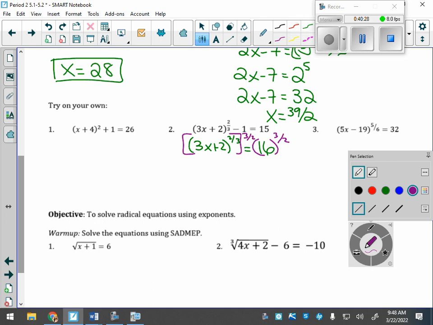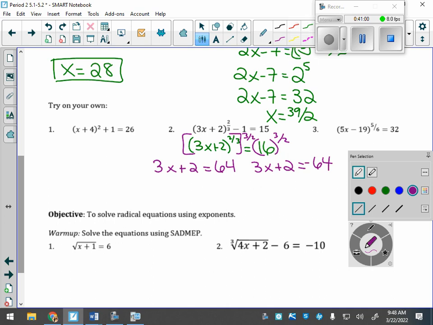Okay. So that means I have 3x plus 2 equals. So 3 over 2 represents what? Yeah. Good. So what is the square root of 16? 4. 4 cubed. So we have positive 64, negative 64.